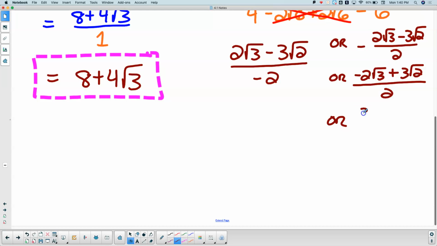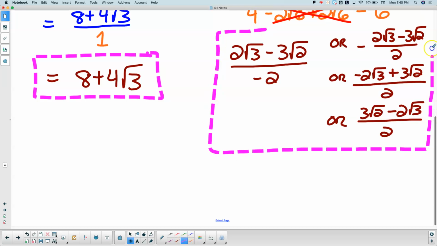Or I could write it one of those four. They all are the same. All depends on where you put the negative sign. So in a fraction, you can put it on the top, the bottom, or out front. It all really depends on where you want to put your negative sign. Okay?